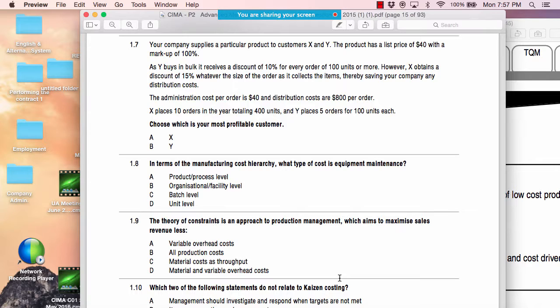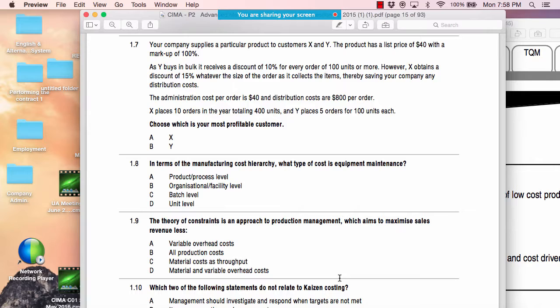I'm not sure about that because I got a loss in the first case. 400 units multiplied by 40, and then half of that is the cost of goods, and then you have administration and distribution. I got a loss of maybe a couple of thousand dollars. But I got confused, so I just left it. So how did you calculate your revenue for customer X? It was 400 times 40.